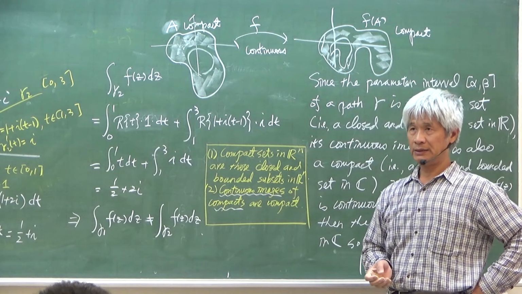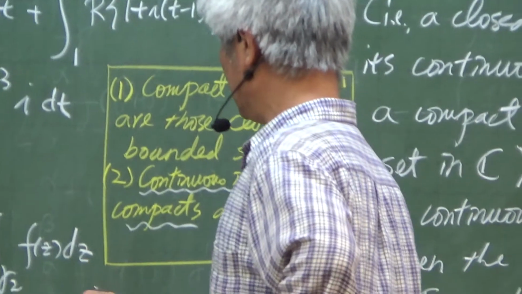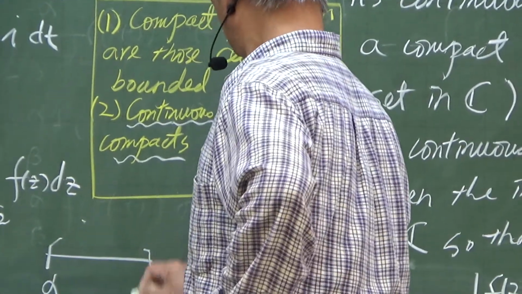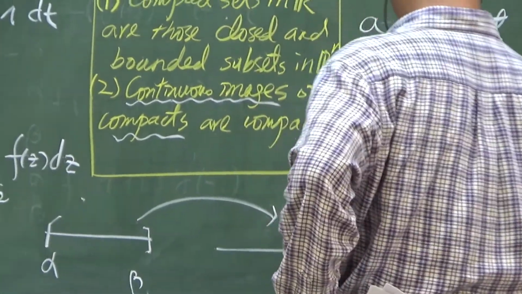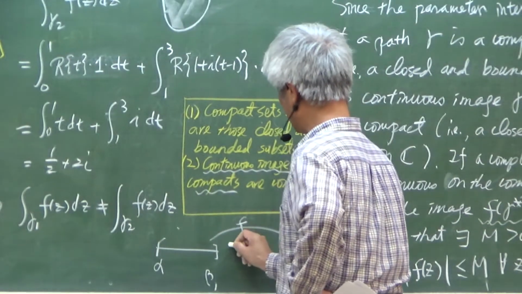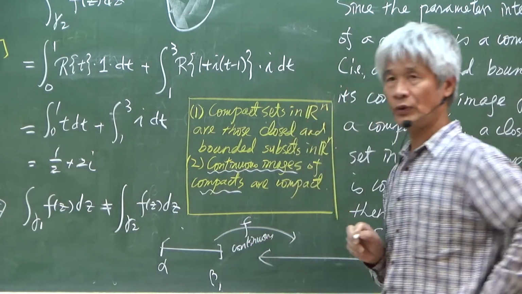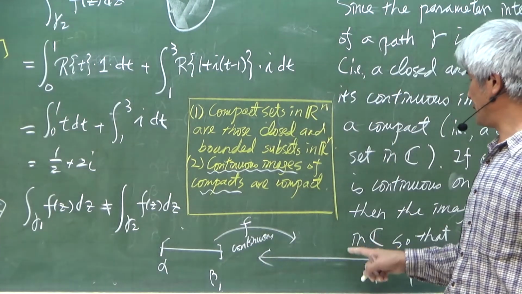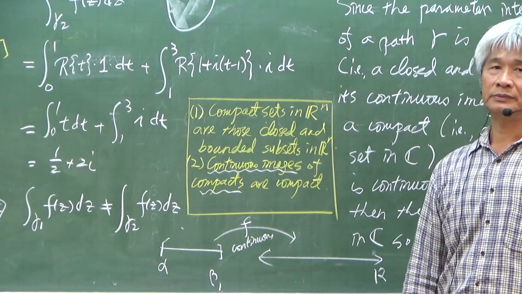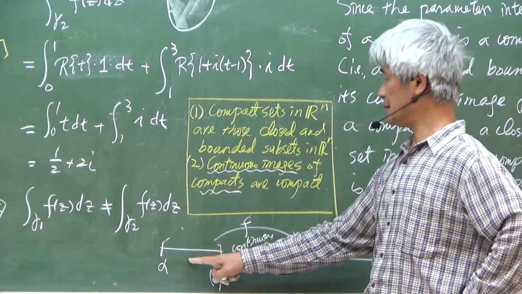Okay? What does the extreme value theorem tell you? If you have a continuous function on a closed interval, and f is continuous, what do you have? You will have a maximum and minimum value. Why? Because this is a compact set.